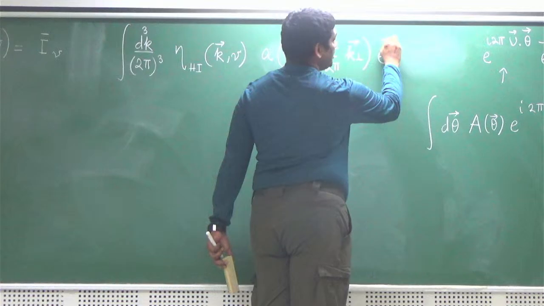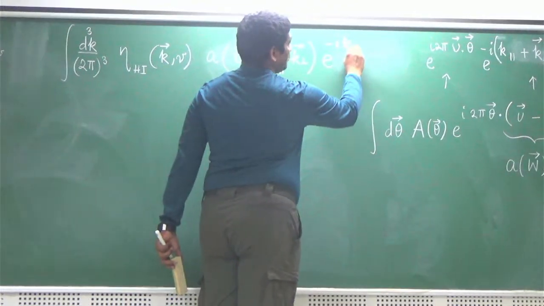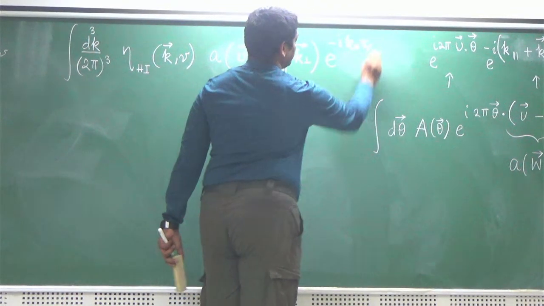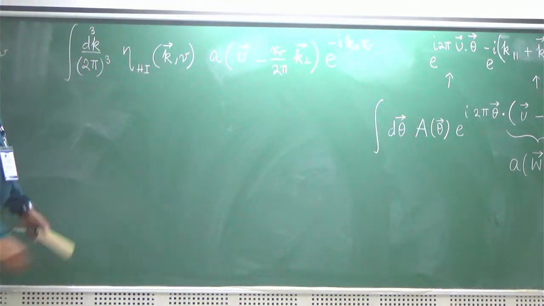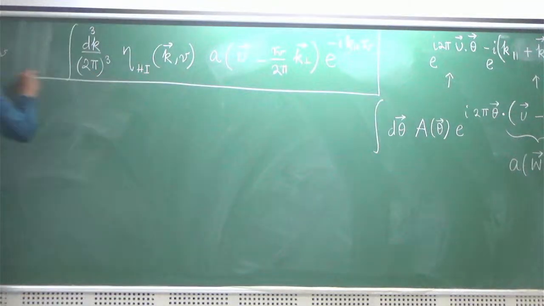What else remains is minus i k parallel r nu. That is the expression for the visibility. Right?